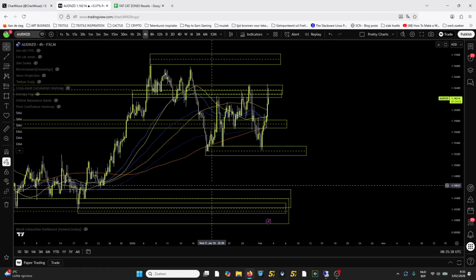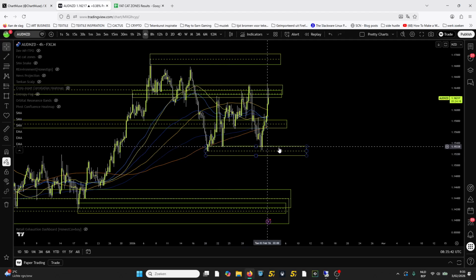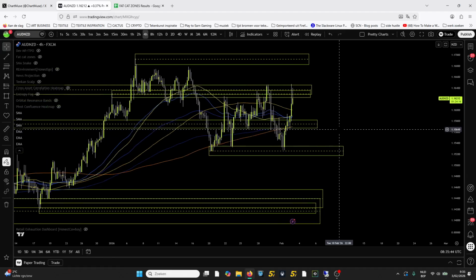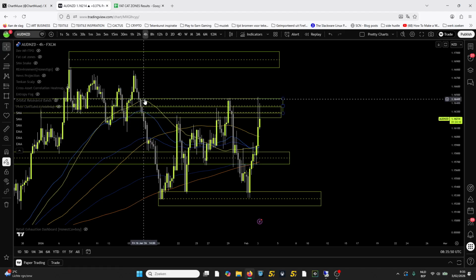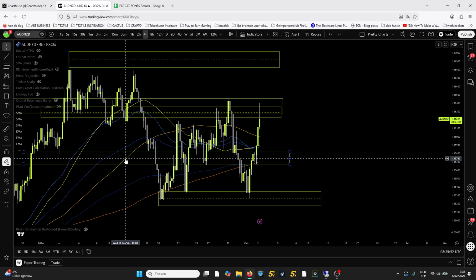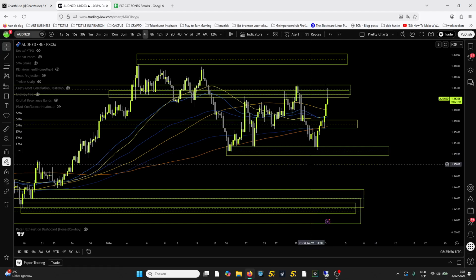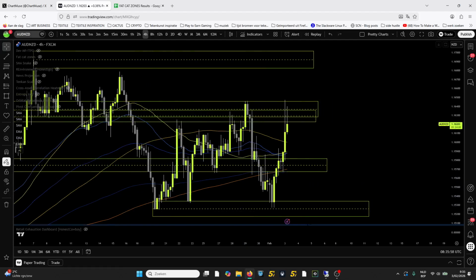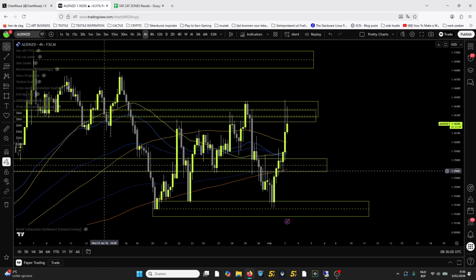What it does is it finds a support resistance zone like this, creates a zone, and then inside the zone it's gonna look, okay, there's two moving averages inside the zone. Here is one moving average inside the zone. Here this one, here this one, here there's two in the zone. So the more confluences are in there, the more moving averages, the more Fibonaccis, the stronger the zone becomes.